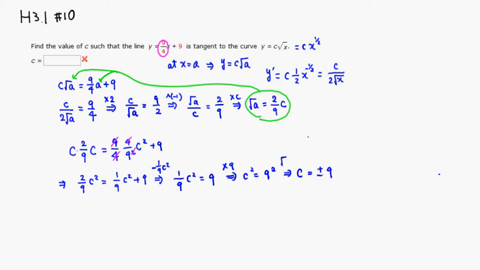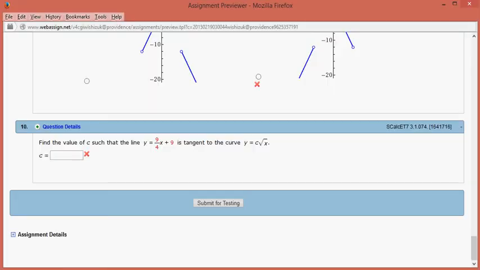But in this case, in order for this to be true with 9/4 here, you can see that c cannot be negative, so we know that this is actually positive 9. So let's plug in positive 9 and submit for testing.